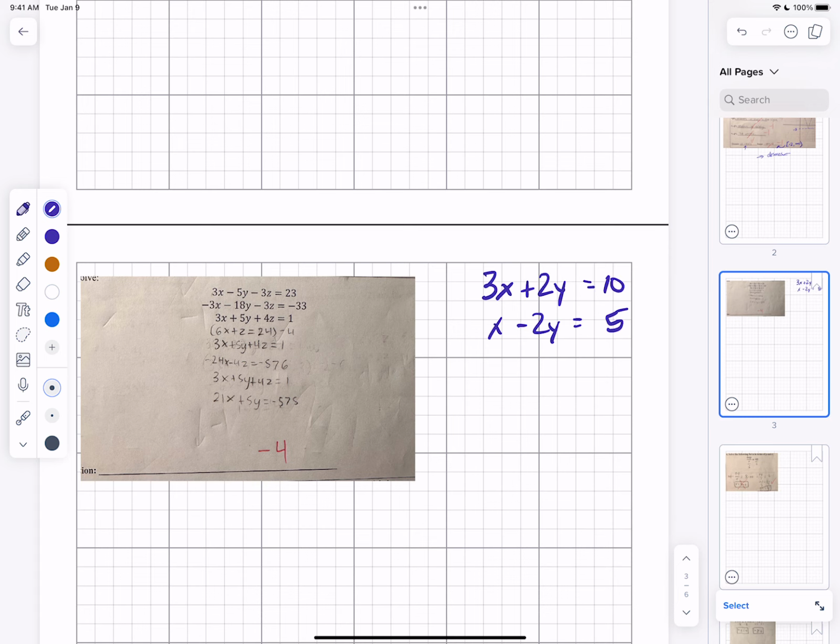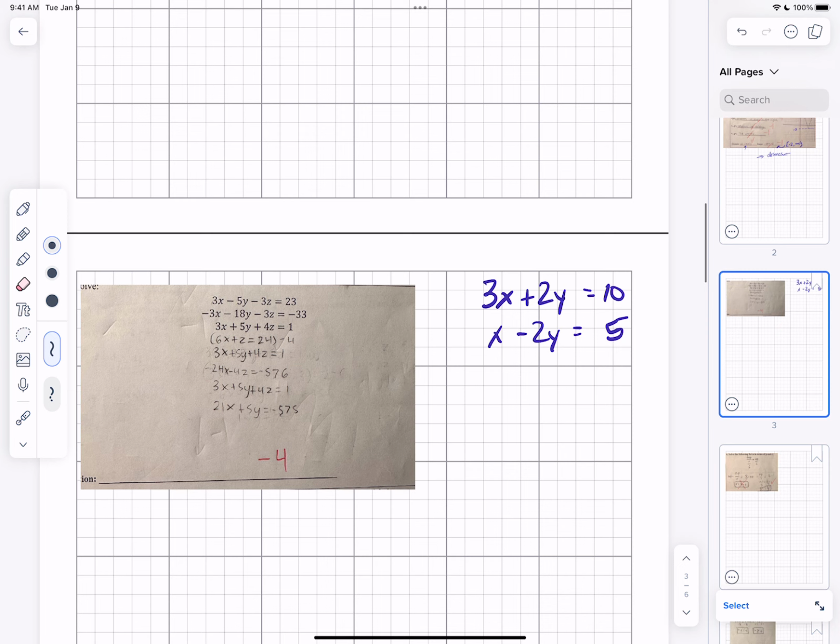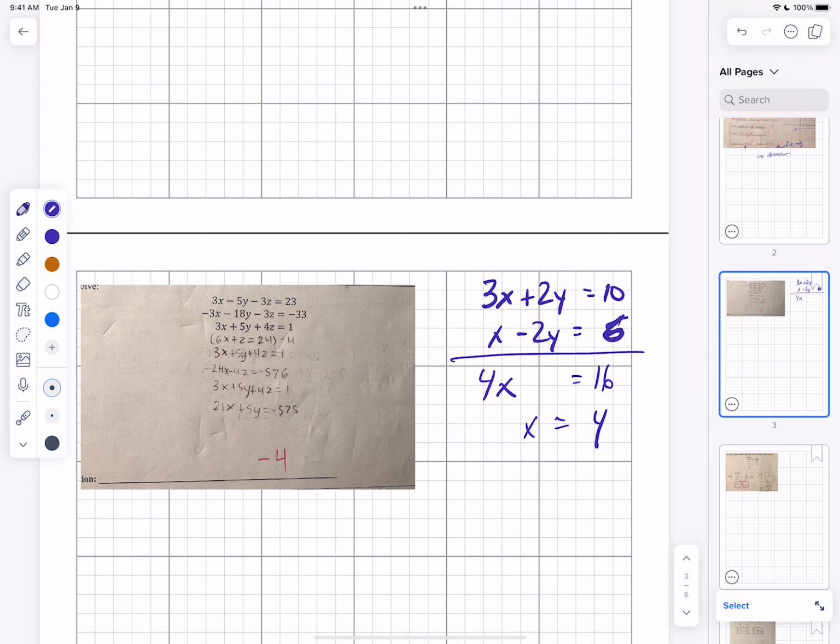So here you want to try and eliminate an x or a y. Here it's really easy to eliminate y by just adding down, and you would get 4x. Let me make this 6 instead. 4x plus 0, y equals 16, x equals 4.